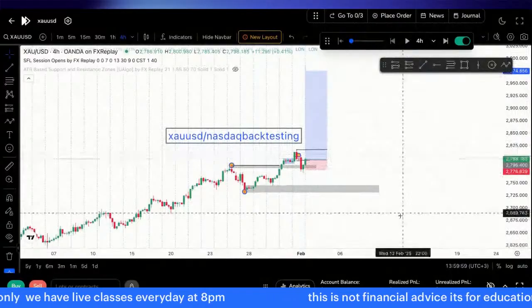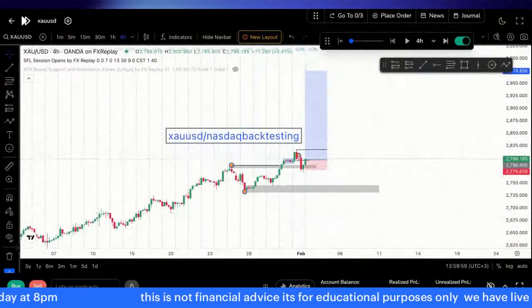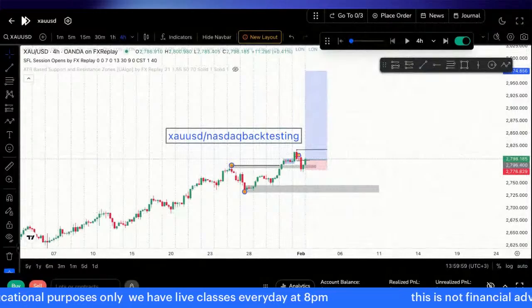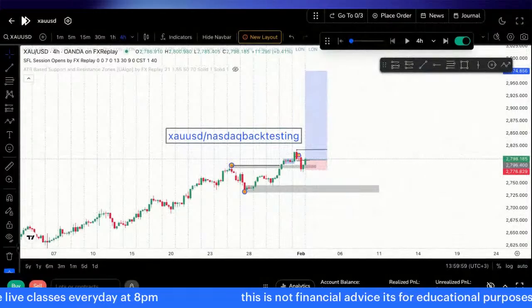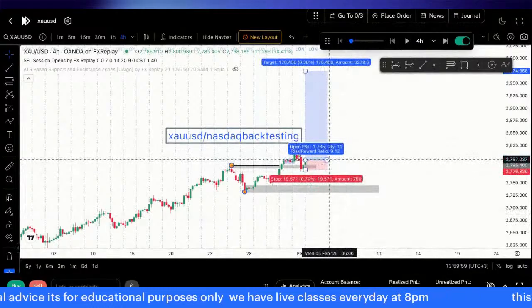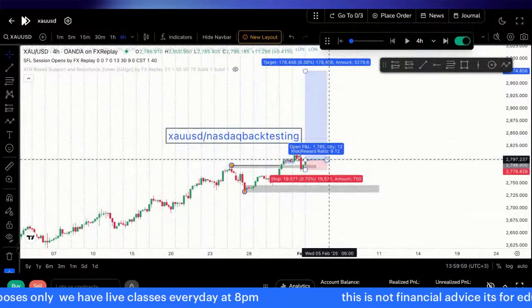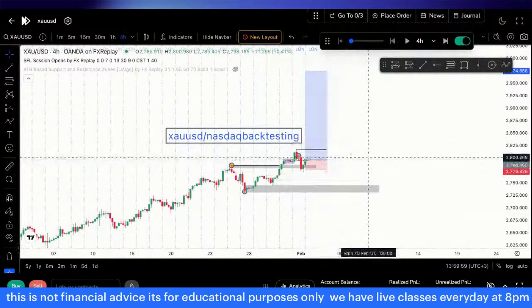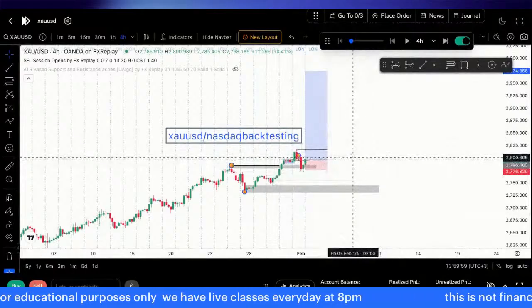Our account balance is 100k, as you can see. Let's imagine this is a prop firm challenge. I'm going to risk 1% on my first trade, and once I lose 3 trades in a row, I'm going to cut my risk to $500 per trade.